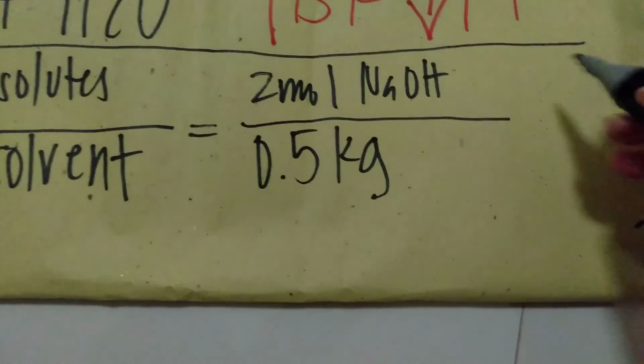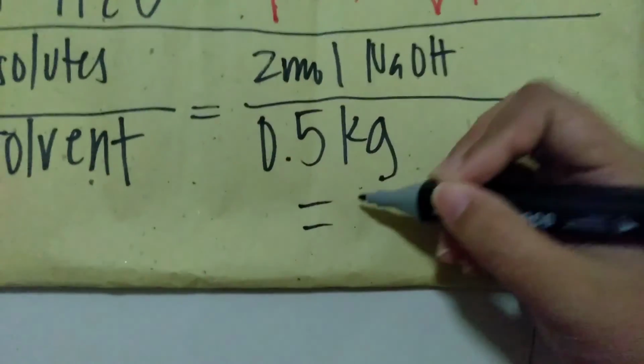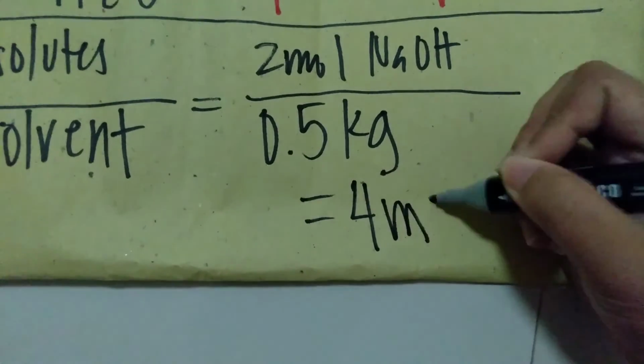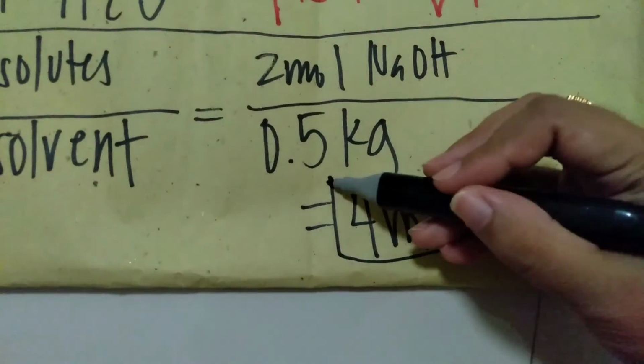And so 2 divided by 0.5 is equal to 4 molal. So this is the molality of the solution.